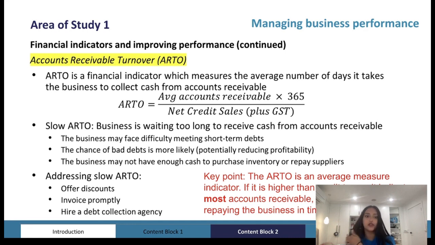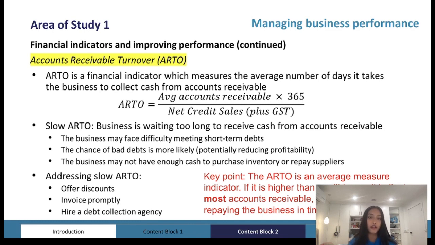So it's really, really important that a business doesn't have a slow accounts receivable turnover, because that's a really big part of the business's ability to generate cash. And cash is really important to a business. That's how they make purchases. It's how the business pays off its debts. So when there is a slow accounts receivable turnover, it's important that the owner addresses the turnover.